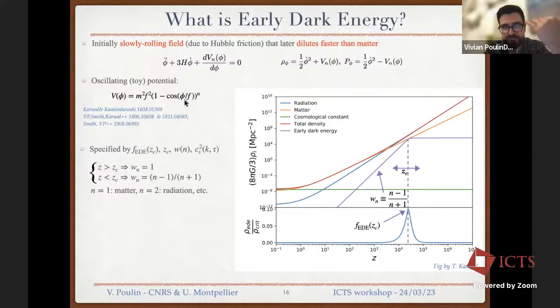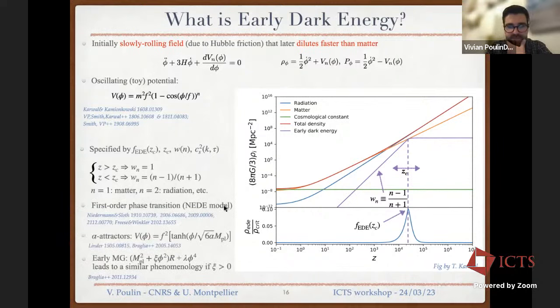And it's in fact tied to the initial field value once all of these 3 parameters are set. There are, as I said, more motivated models. If you're interested, you could imagine that a first order phase transition occurred, that you could change the potential, or you can even invoke some modified gravity that reproduces essentially a similar phenomenology.